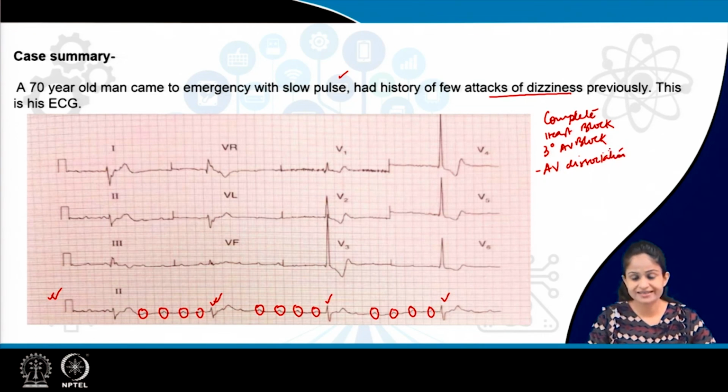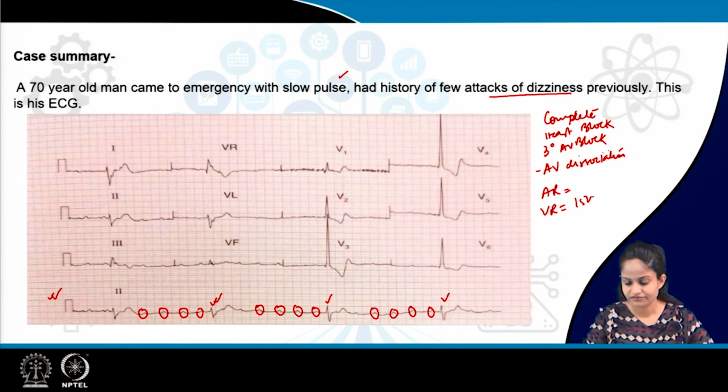The atrial rate is different and the ventricular rate is different. If we calculate the ventricular rate, we count 1, 2, 3, up to 13 large boxes; 13 into 5 is 65 small boxes, so the ventricular rate will be around 26 or 27 beats per minute.